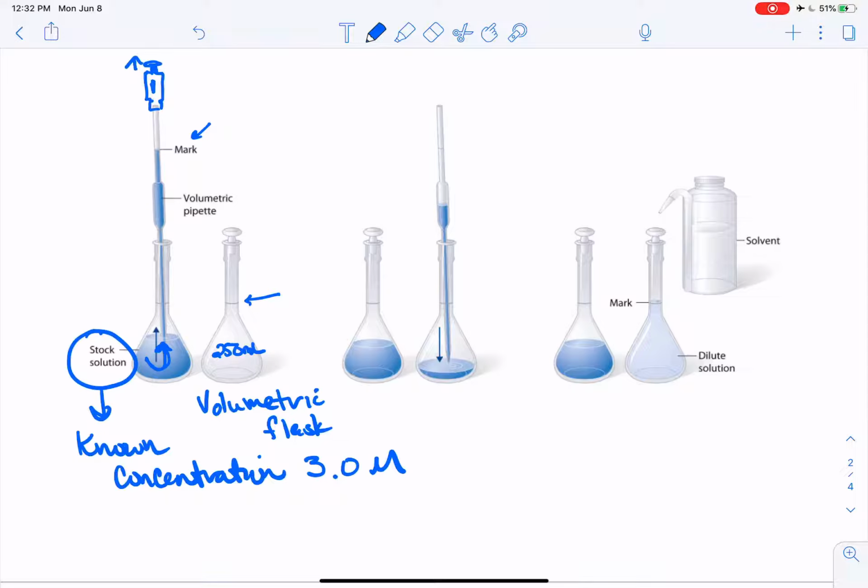And then what we're going to do is we're going to transfer this into the empty volumetric flask.